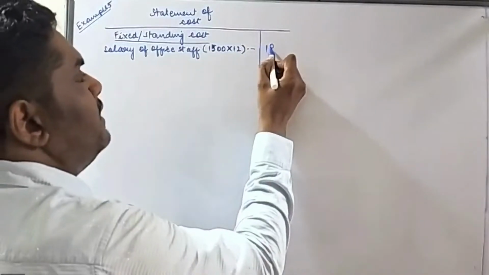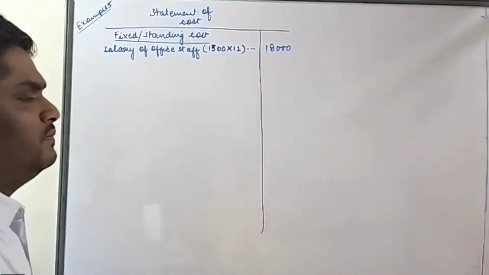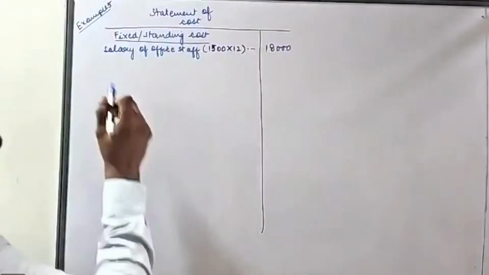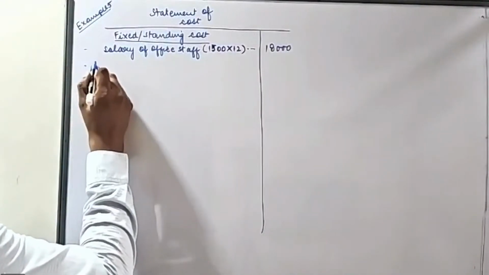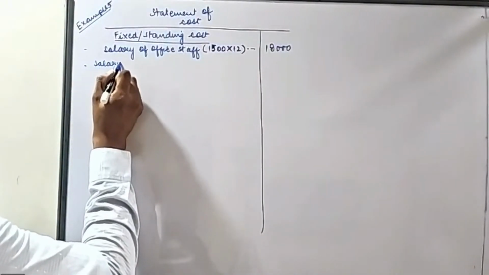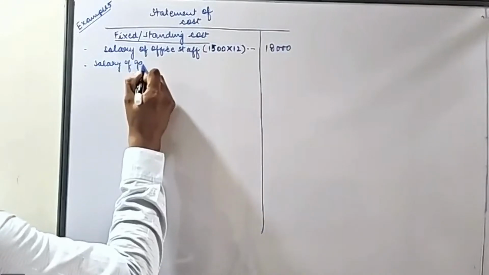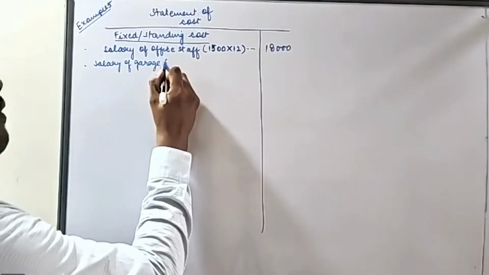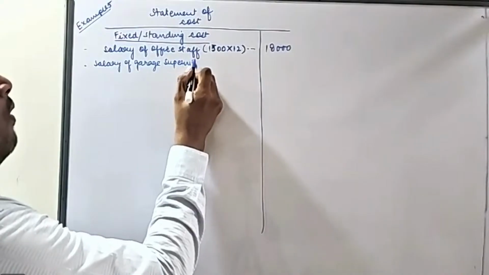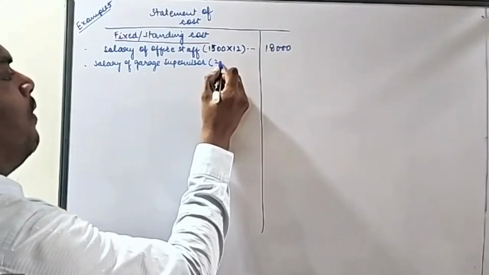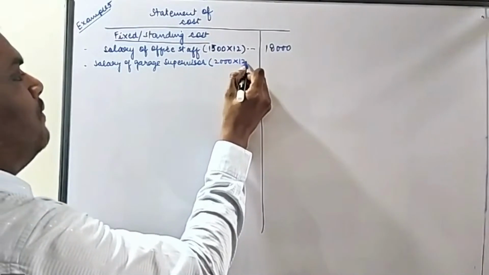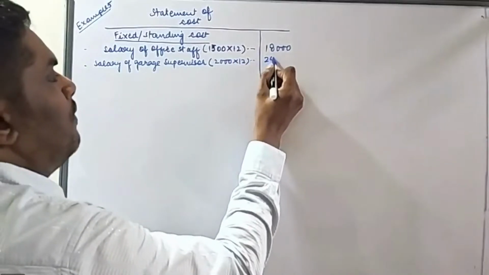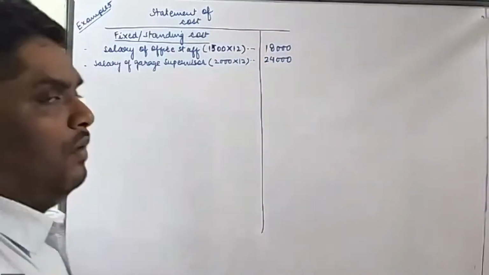So this will be 18,000. Salary to garage supervisor, it is 2,000 per month. 24,000.